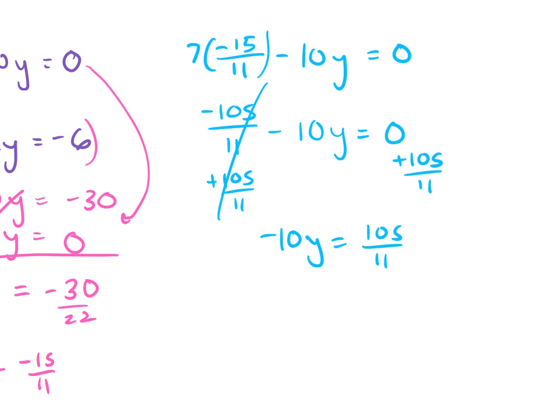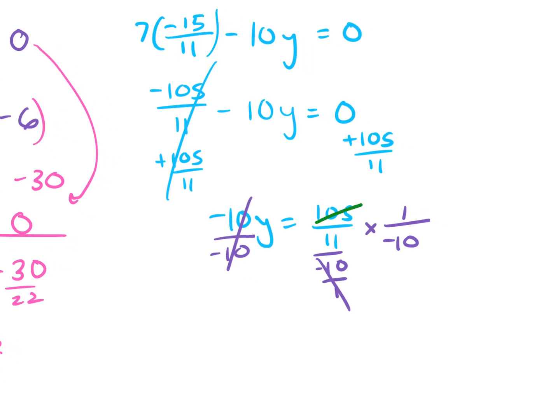Then what should we do? Divide by negative 10. What do we do when we have a fraction in a fraction? Keep, change, flip. So I'm going to put negative 10 over 1, and when we flip it, it'd be 1 over negative 10.